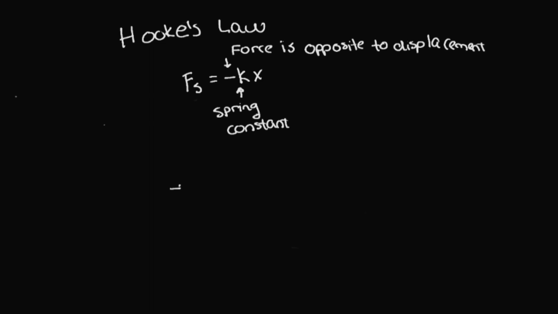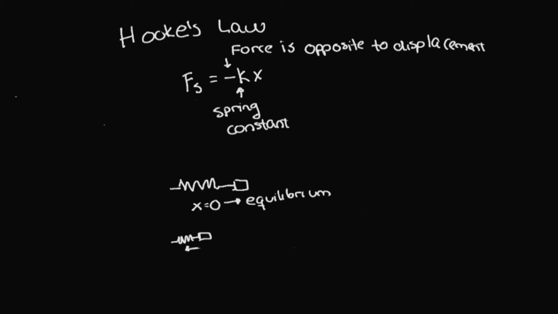It is a measure of the stiffness of the spring. In other words, the force required to stretch or compress the spring is proportional to the amount of stretch or compression x, or displacement.